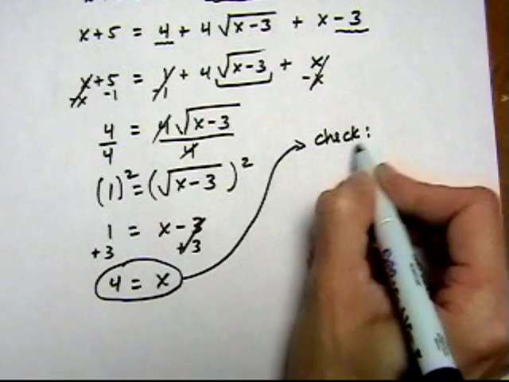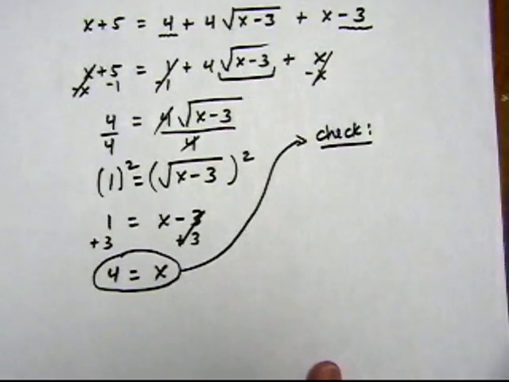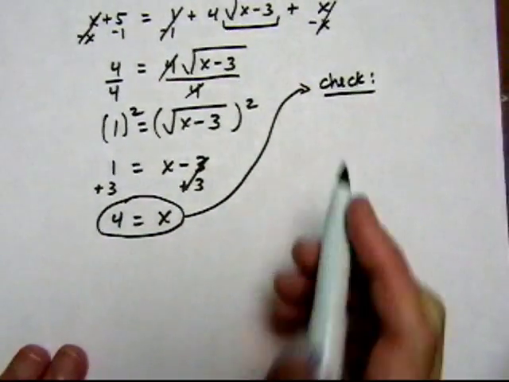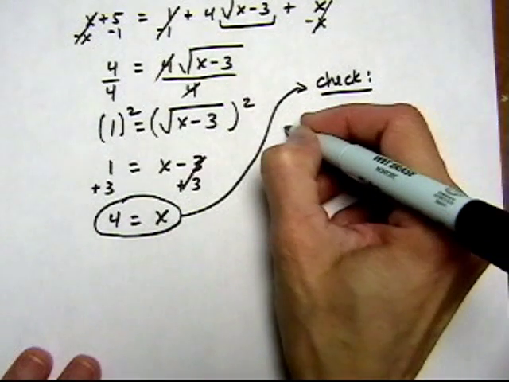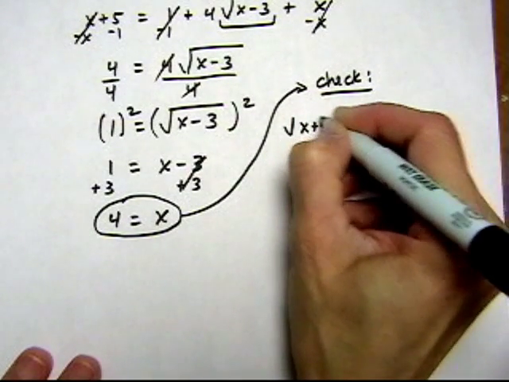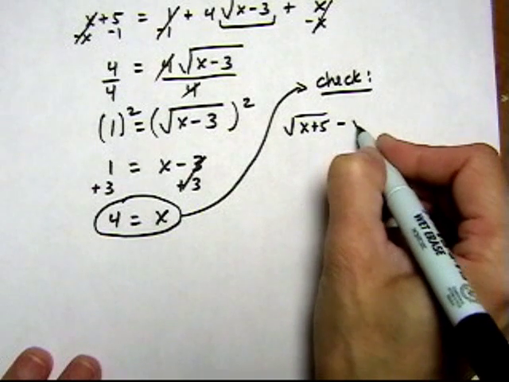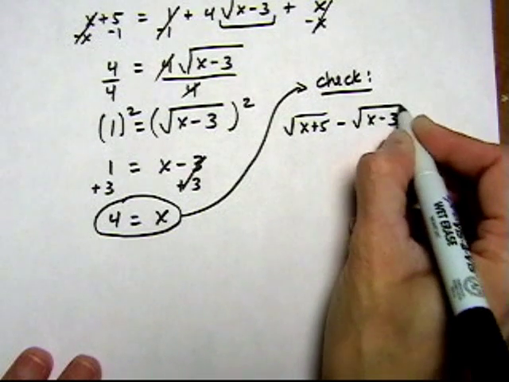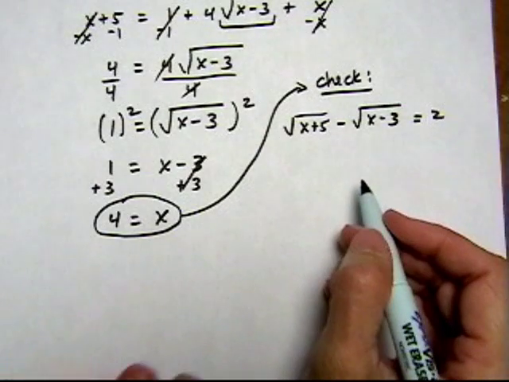and make sure that it's not an extraneous solution. So we're going to put x equals 4 into the original equation, which was root x plus 5 minus root x minus 3 equals 2.